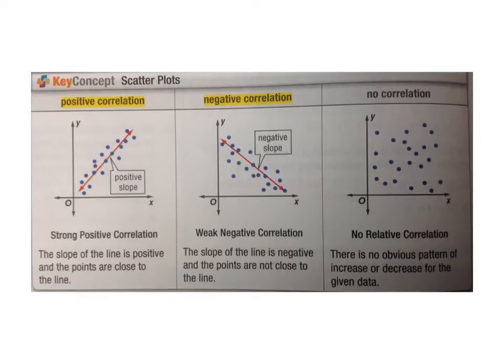That's no correlation. There's no way you could figure out how to make a good line of best fit based on that data. So that's correlation. We're going to show something called the correlation coefficient that our calculator will calculate for us, that'll make it much easier to talk about. Is it strong correlation, weak correlation, what kind of correlation does it have, and is it positive or negative depending on its sign.